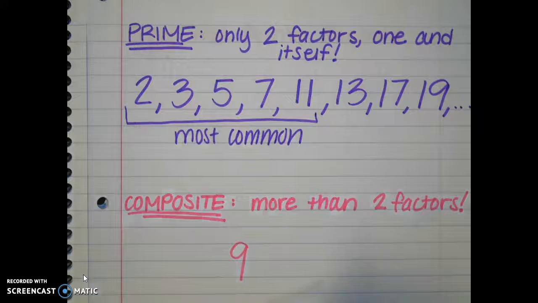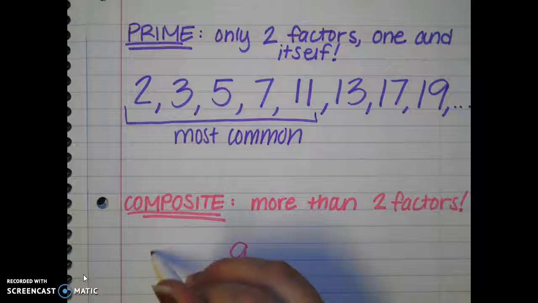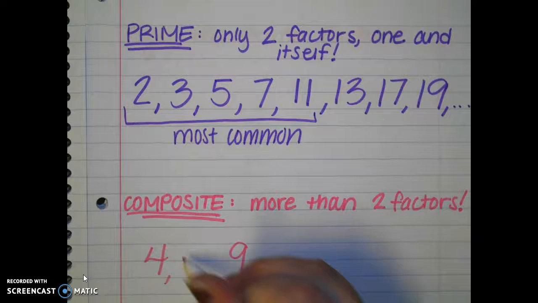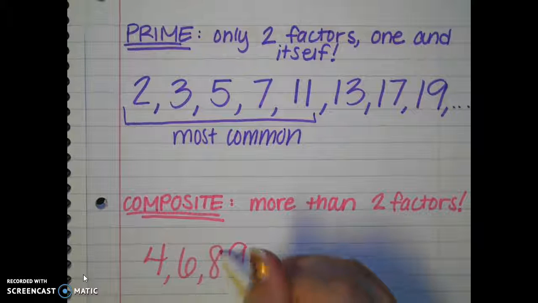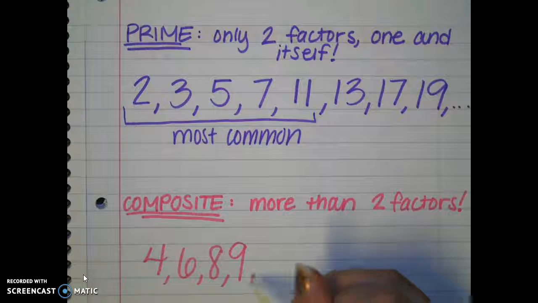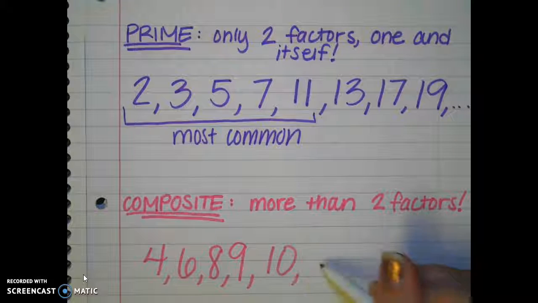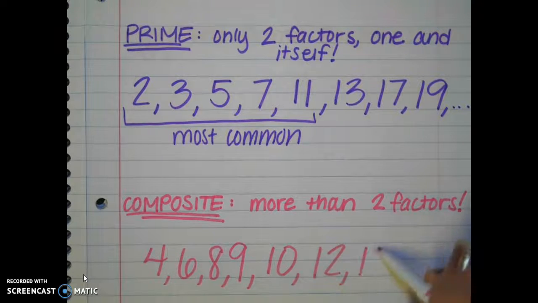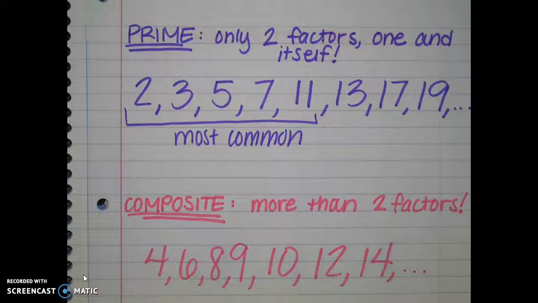And then, yeah, we already kind of said composite. Composite has more than two factors, so that will be 4, 6, 8, 9, 10, 12, 14, and it goes on and on as well.